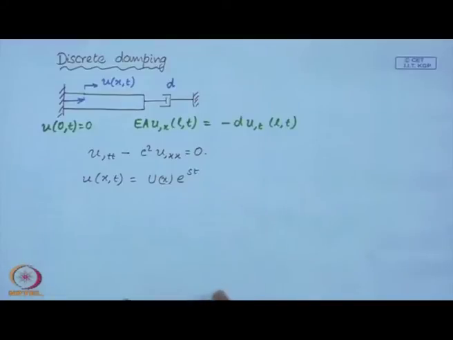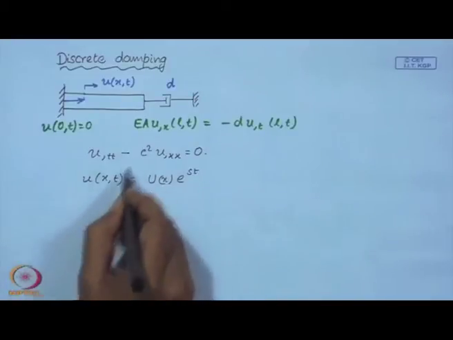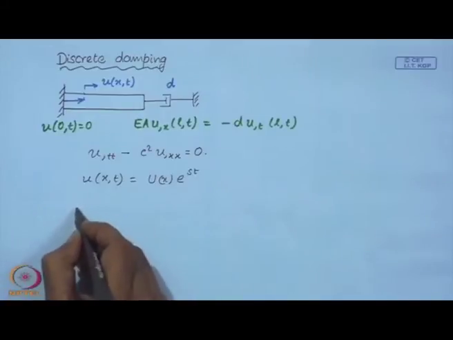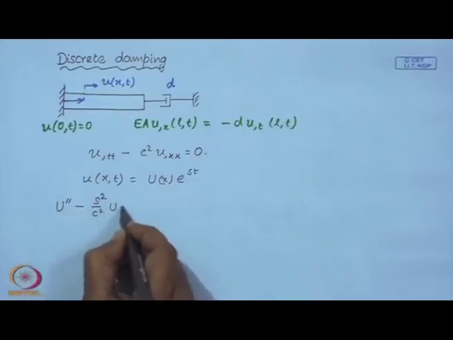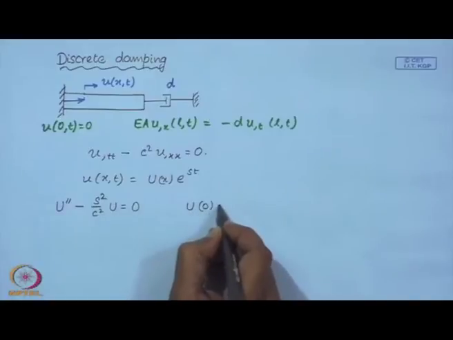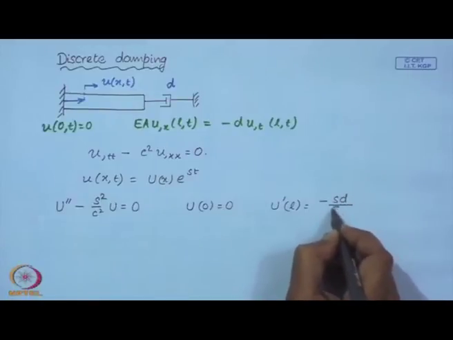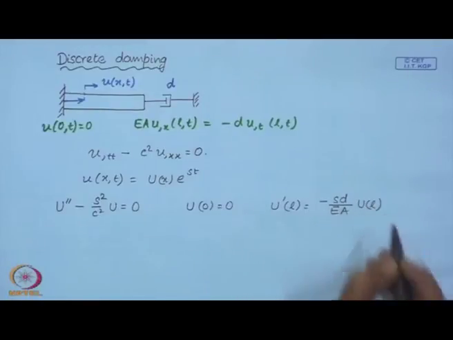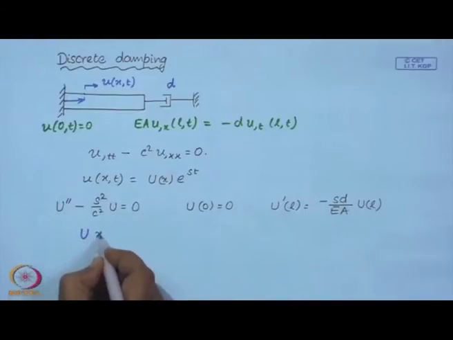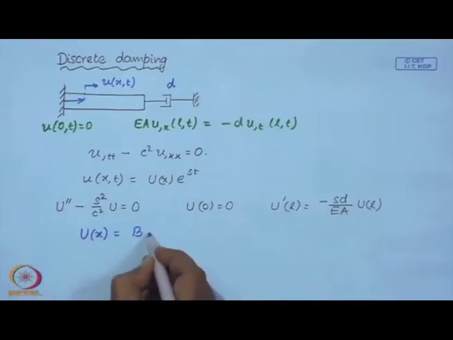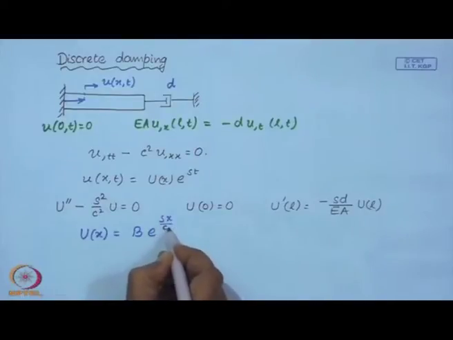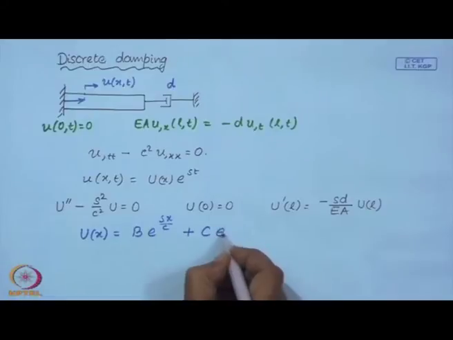Now, once you substitute this solution form in the equation of motion, we obtain an eigenvalue problem, and the solution of this eigenvalue problem can be written in this form.